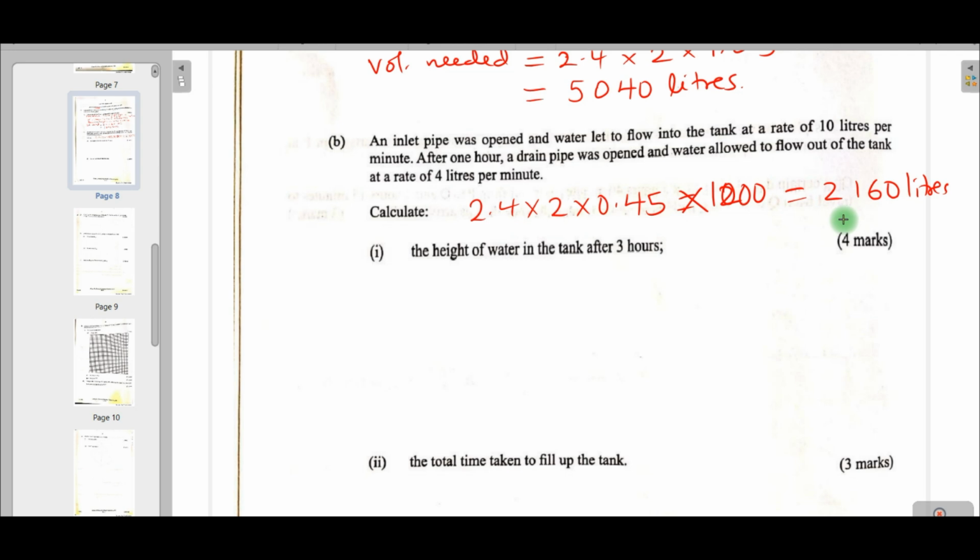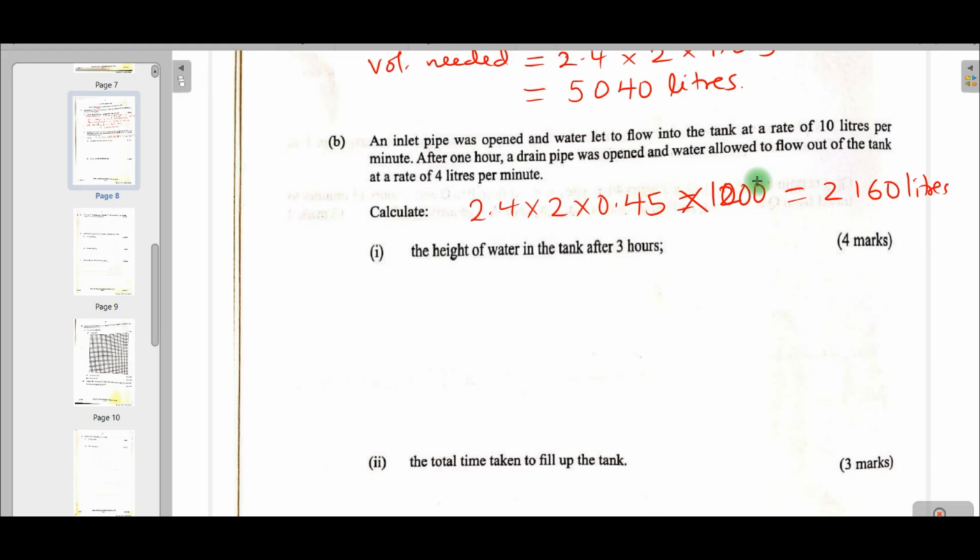That's the amount of water already in the tank. So you need to get the height of water in the tank after 3 hours, since you have been given the rate at which the inlet pipe flows, and also for the drainage pipe.